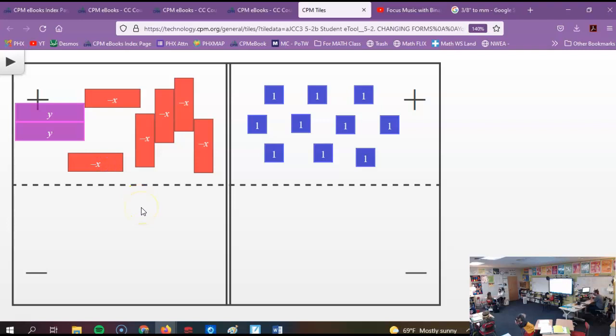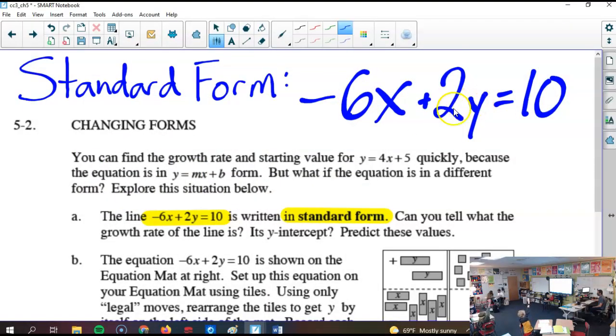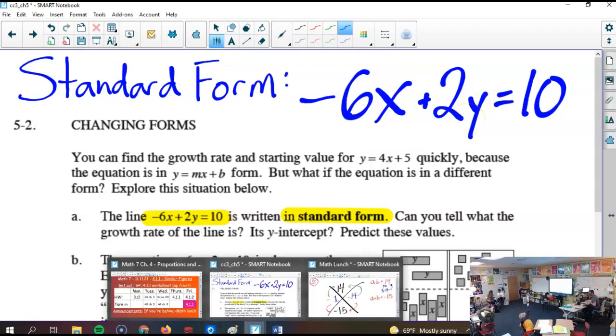But how could I cancel out the negative 6x? And if we want to just go ahead and leave the y on the left-hand side, because we like the y on the left, how can we... I should probably use cards, got a lot of hands up. McNeil, how could we cancel out a negative 6x?